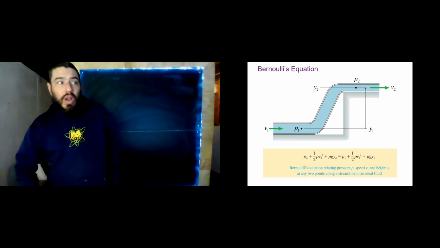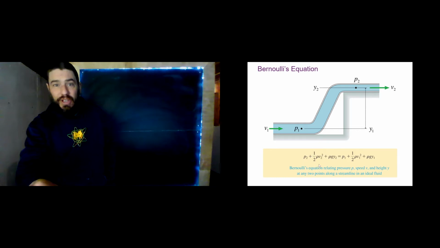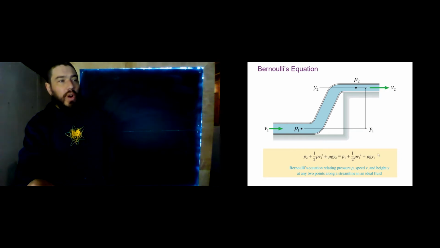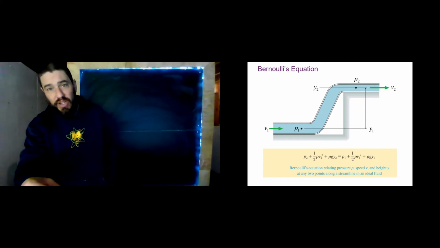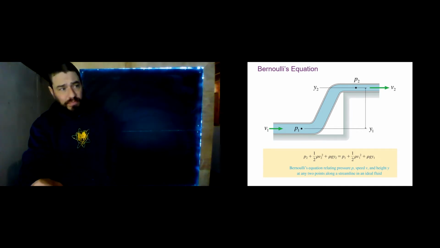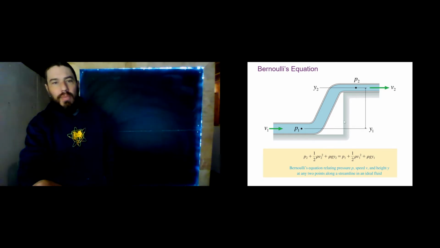And so we can interpret this as the kinetic energy per volume, and we can interpret this as the gravitational potential energy per volume. Pressure is a little bit harder to interpret in terms of energy, but really, Bernoulli's equation comes down to conservation of energy. It really is conservation of energy per volume.